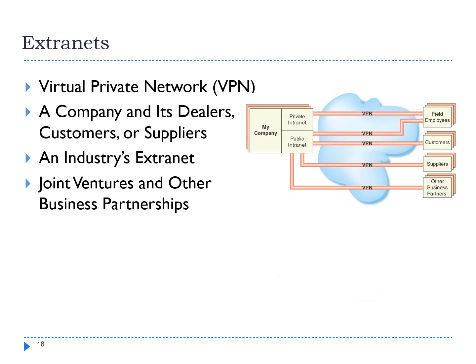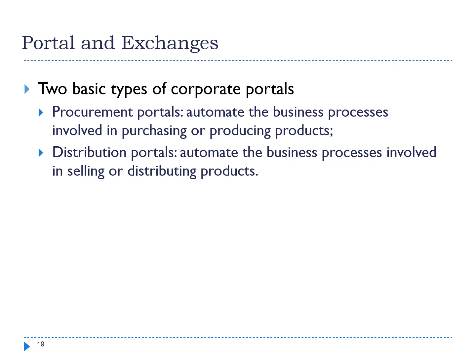Another information technology that supports supply chain management is extranets. Extranets are internet-based technologies. They link business partners over the internet by providing them access to certain areas of each other's corporate intranets. We also have portals and exchanges that help us with supply chain management.